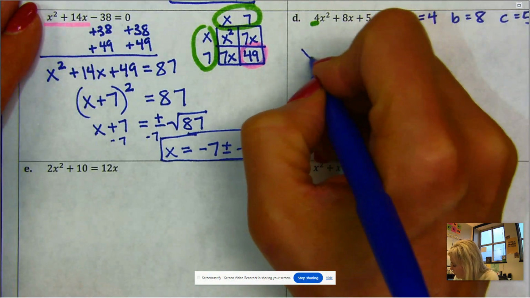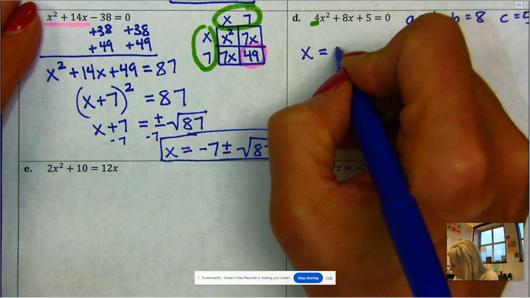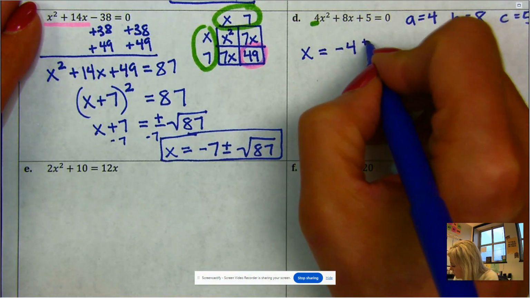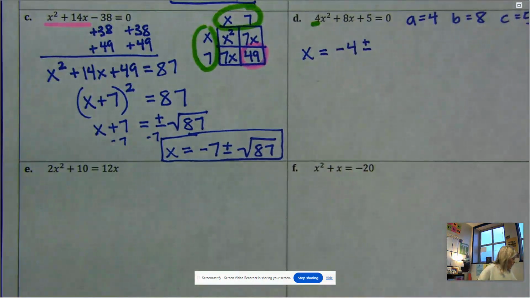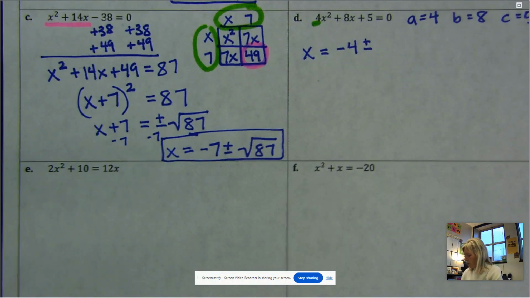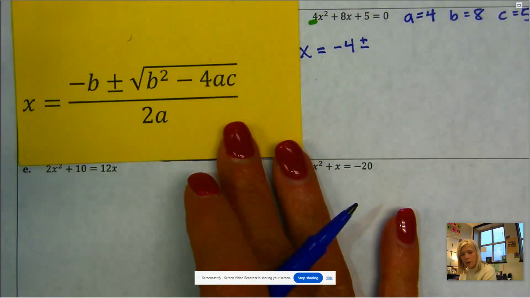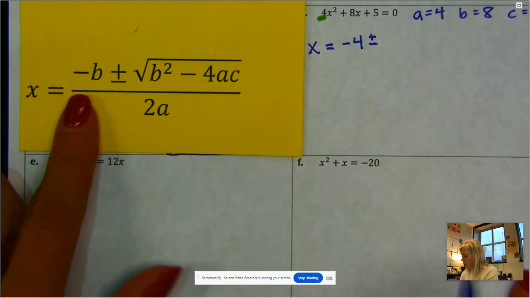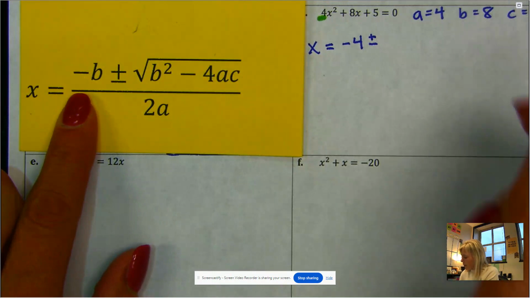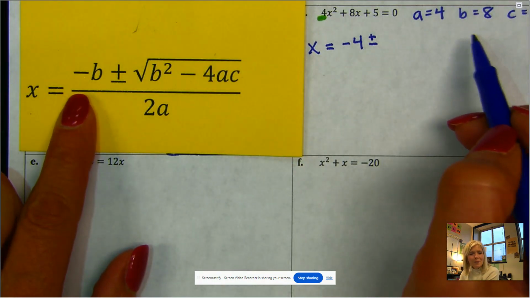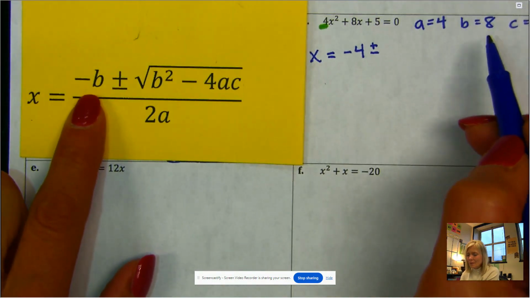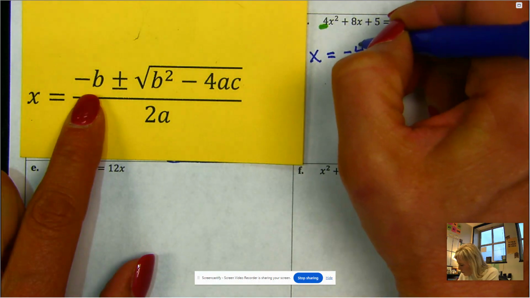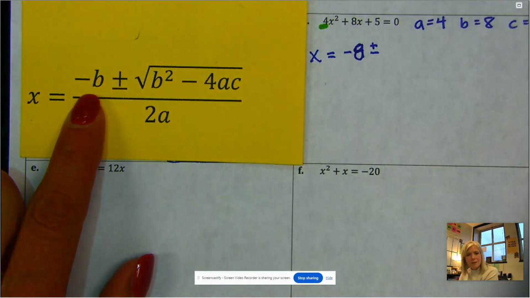So x equals negative B, negative 4, plus or minus. Since I have the quadratic formula on that little note card from the other day, I'm just going to put it here. I'm just following the formula. Oh, and I already made a mistake. So B was actually 8. So negative B is not negative 4, it's negative 8.